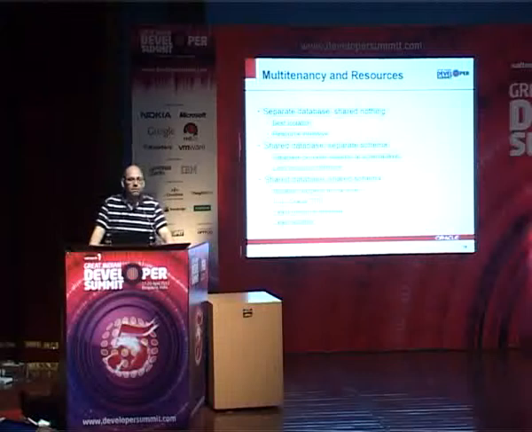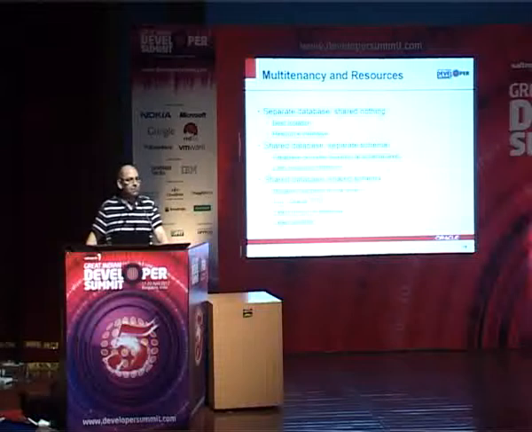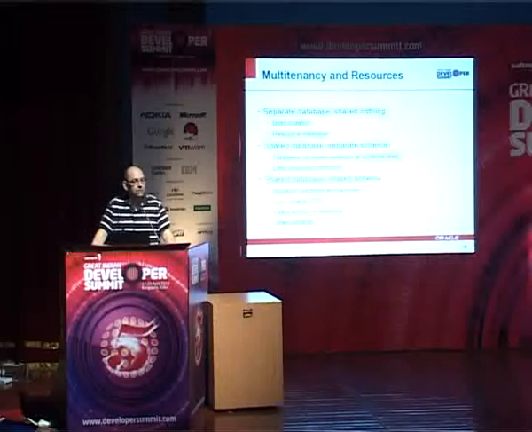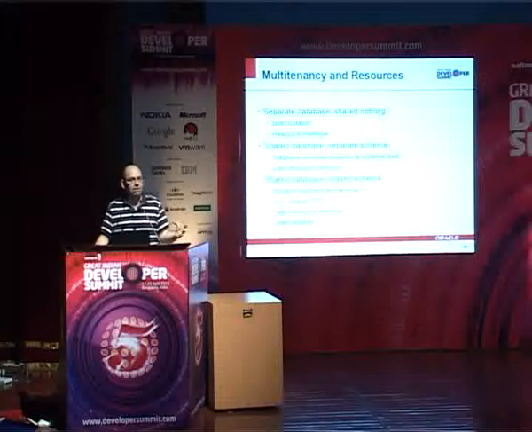So talking about multi-tenancy and resources, here are some examples of some multi-tenant resources. And I'm going to talk about databases because that's the one that most people know and are concerned about. The first one is a separate database. So if you're given an application and the application has database requirements, it typically has to know whether it's talking to a database that is shared with other applications or whether it's a database that is devoted entirely to that application.